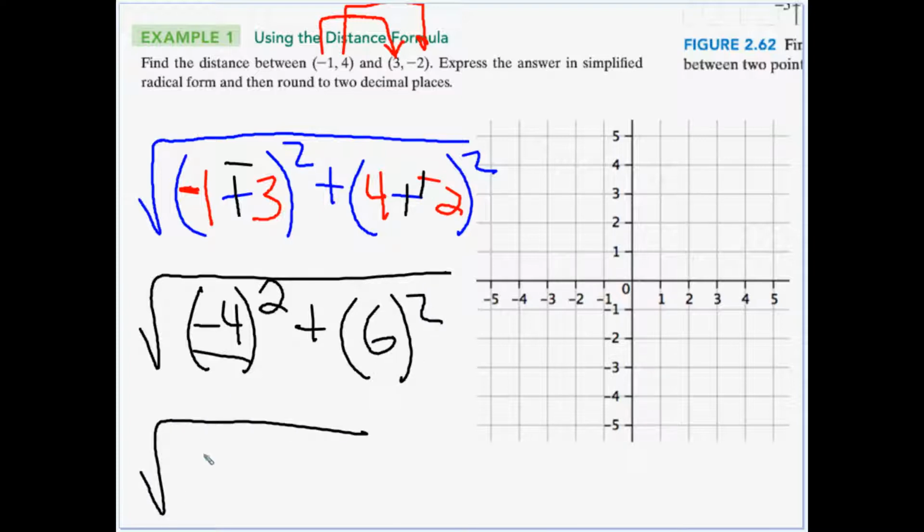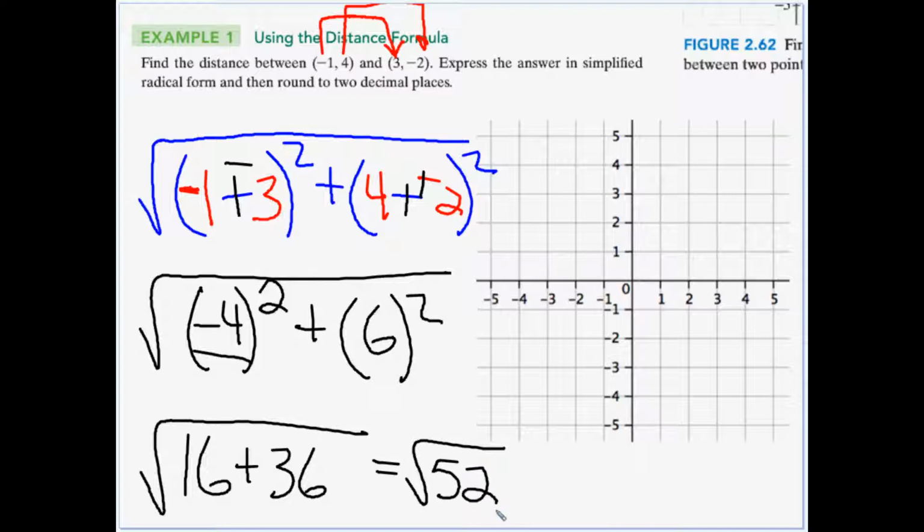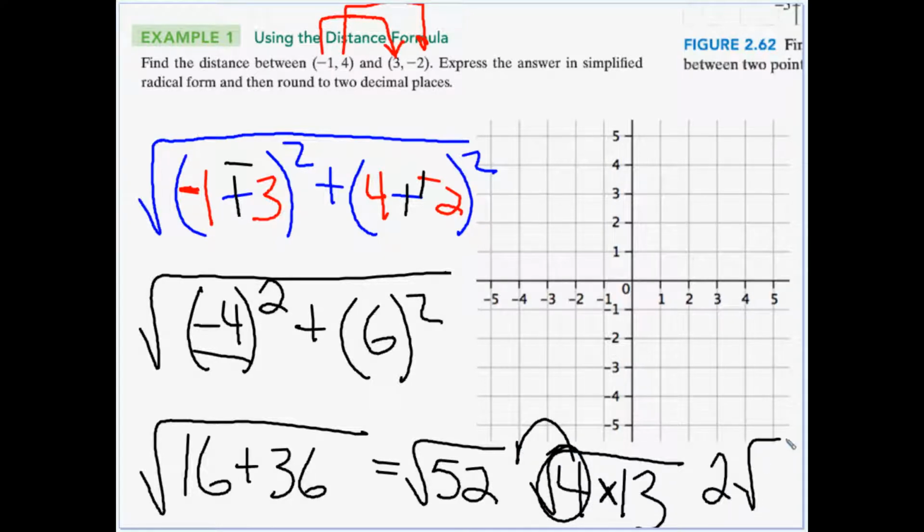So under our radical, we have a 16 plus a 36. That adds up to square root 52. Now, it's hard to see, but there is a perfect square hidden in there. 52 we could rewrite as 4 times 13. The square root of 4 we can bring out as a 2. So 2 root 13 is that distance.